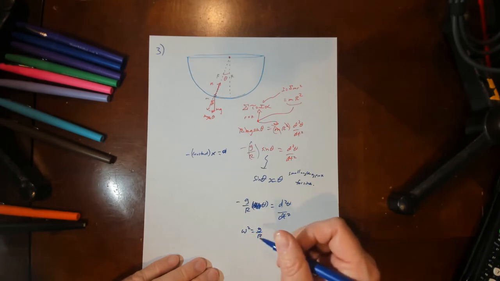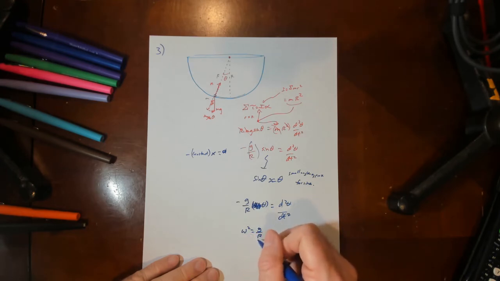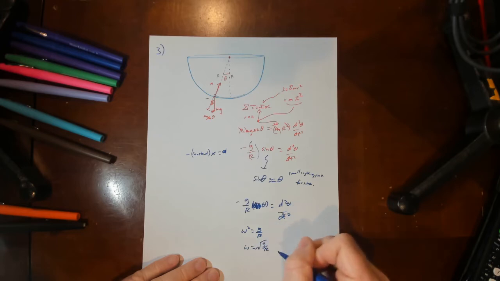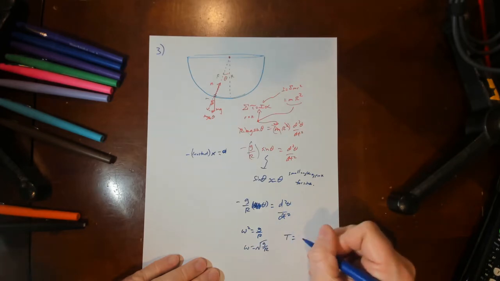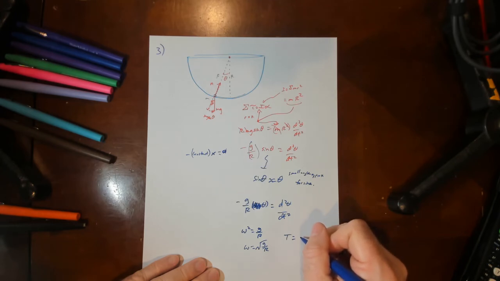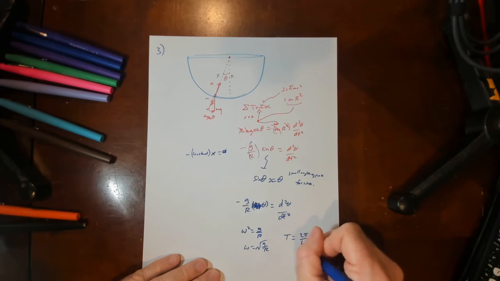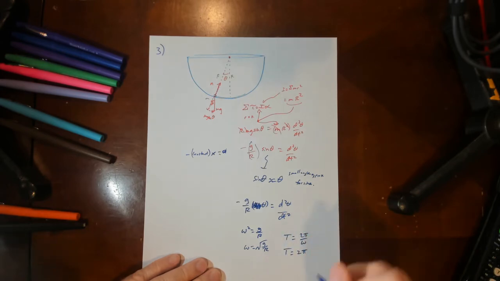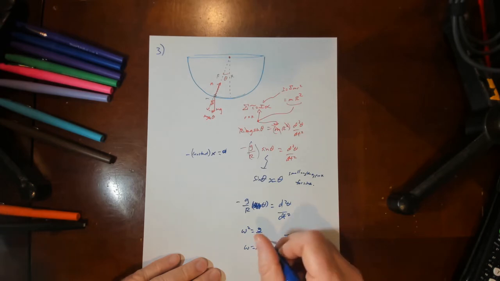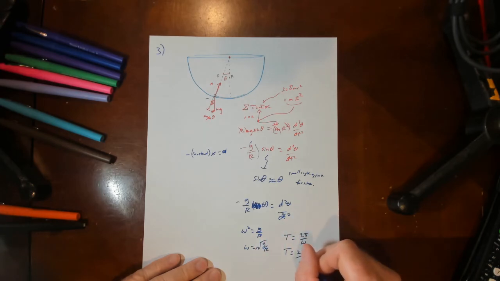Rearranging this then, omega is the root of g over r. My period for a simple harmonic oscillator is 2 pi over omega. So the period is going to be 2 pi over the root of g over r.